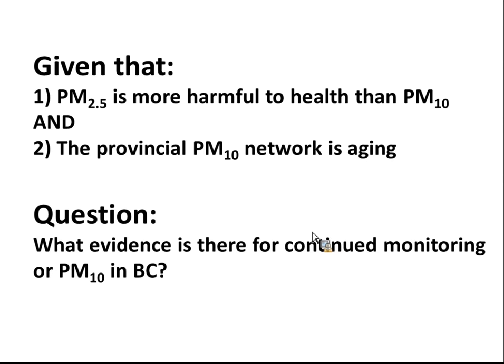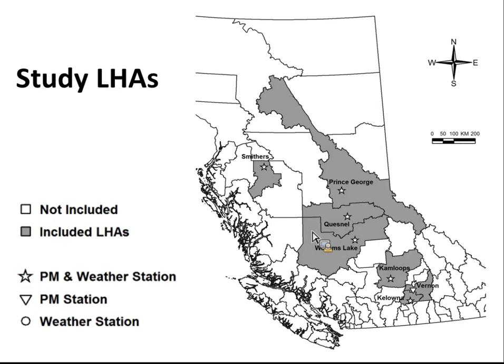So given that PM 2.5 is more harmful to human health and the provincial PM 10 network is aging, what evidence is there for continued monitoring of PM 10 in BC? This, again, is the question posed to us by the Ministry of Environment. In this case, we are looking at data at the local health area level.